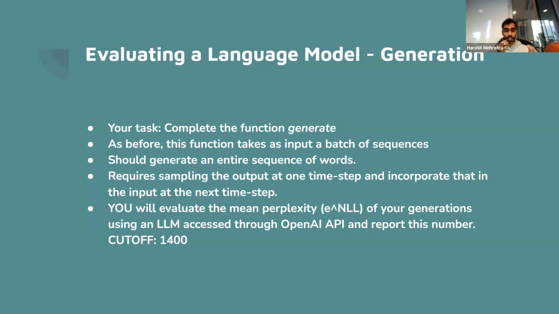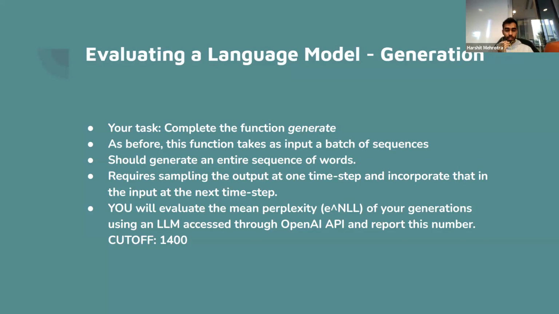You will be given the test set for generation, which will have incomplete sequences. You will generate some continuation for those sequences, and then there is code in the notebook which calls the OpenAI API to calculate the perplexity. You just have to put your API key in there and run that cell to get the perplexity number.